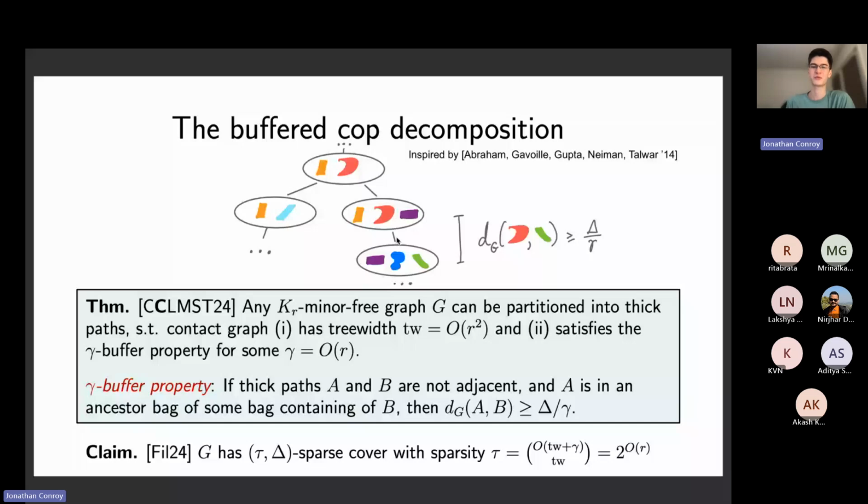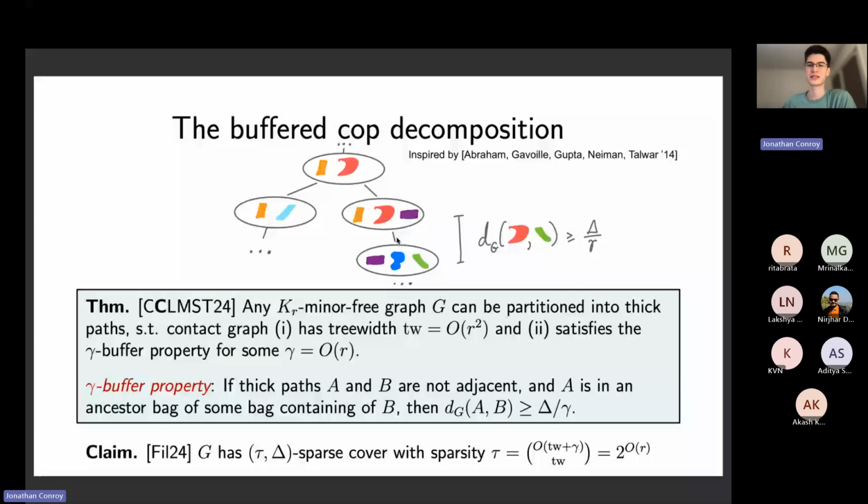So if gamma is 1, then the gamma buffer property says the only ancestors of the thick path B that are within distance delta is everything else in the same bag.